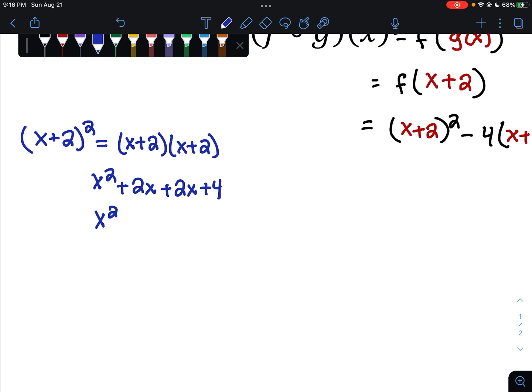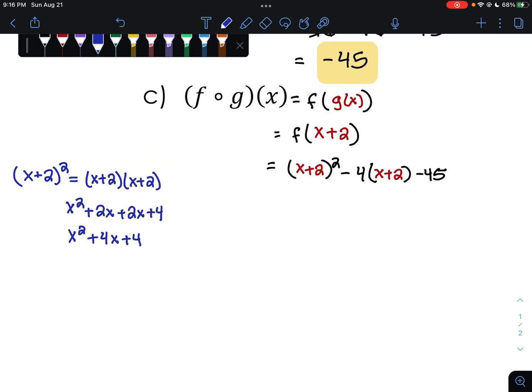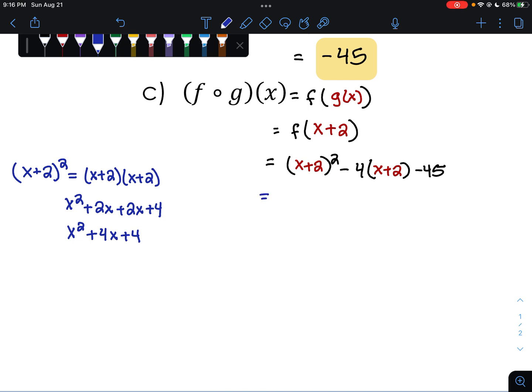So we get x squared plus 4x plus 4. So I'm going to substitute that in. x squared plus 4x plus 4. Then I am going to distribute -4 times x. I get a -4x. -4 times 2 is a -8, minus 45.